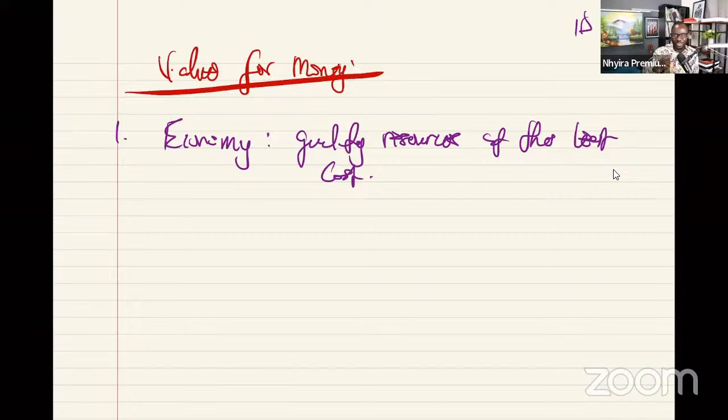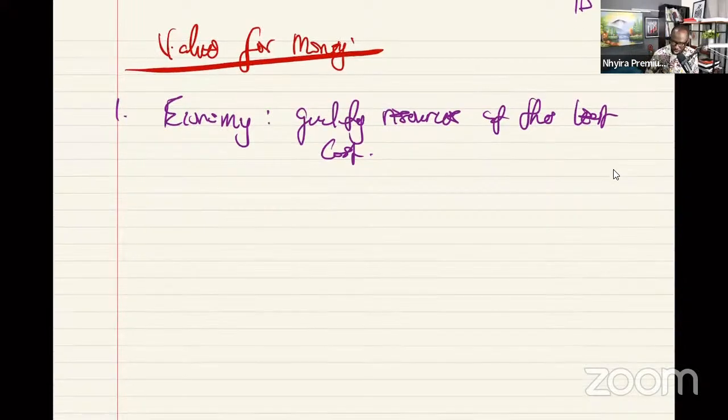So economy means obtaining quality resources at the least cost. We are not substituting quality for the price. We want the best, but we want to pay as low as possible. It is for this reason that government has to always use competitive tendering in the procurement of goods and services. We'll look at this later under procurement.